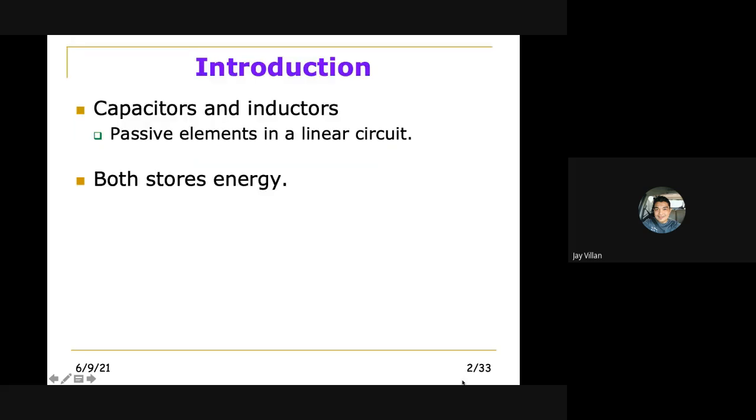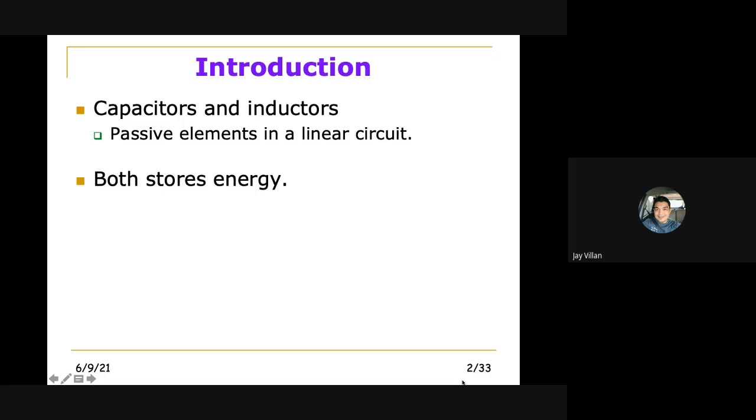We know earlier in our discussion of electric circuits that there are two types of elements in a circuit: active elements and passive elements. So far, we have only discussed active elements, your sources and your resistors. But we also have passive elements in a circuit, and these are the capacitors and the inductors.